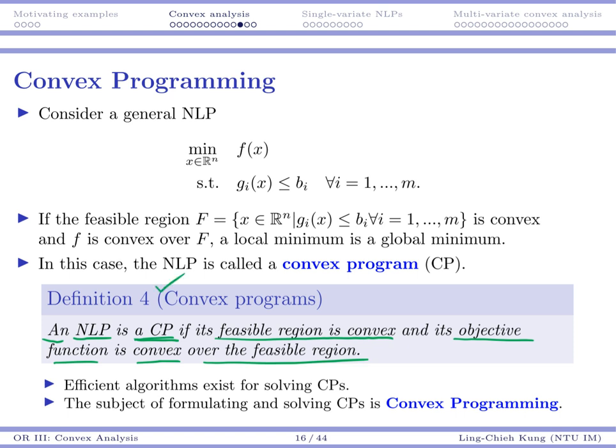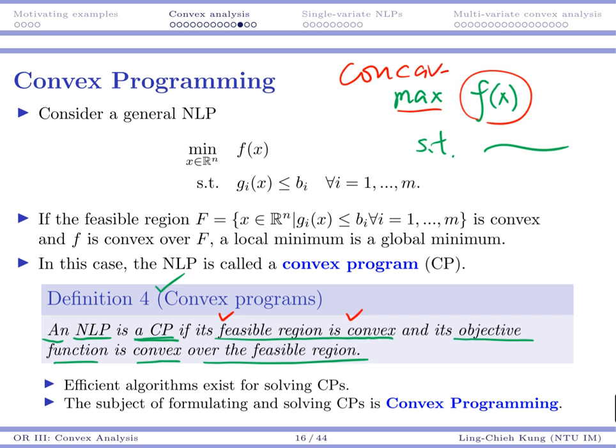One thing I would say is that in many cases, some people also consider a maximization problem. For a maximization problem, if your feasible region is convex and you are maximizing a concave function, we also say you are doing convex programming.